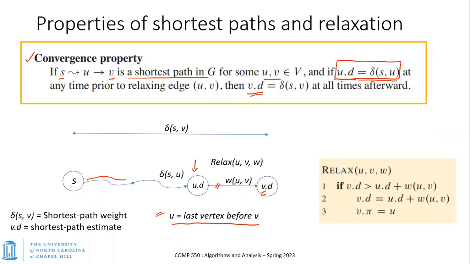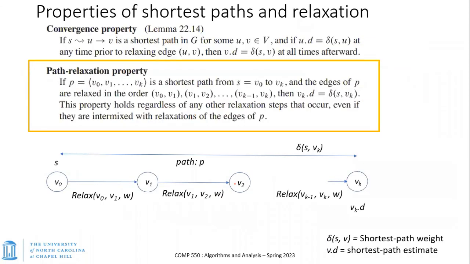Moving on, the convergence property can be expanded into the next lemma, which is the path relaxation property. This becomes critical in proving the Bellman-Ford algorithm.